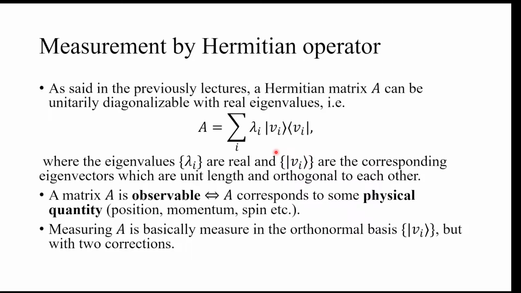And lambda i needs to be a real value. So maybe lambda i equals 1, you say your particle is at position 1 meter, something like that. And if lambda i is -2, then your particle is located at position -2 meter. Mathematically, this is very similar to orthogonal basis measurement: you just diagonalize your matrix and get the orthogonal basis.